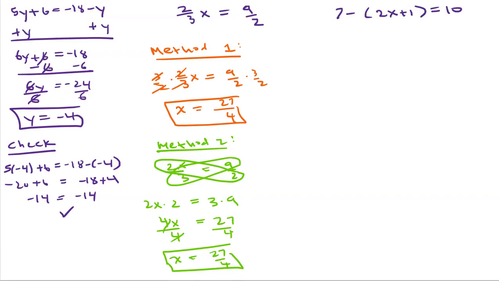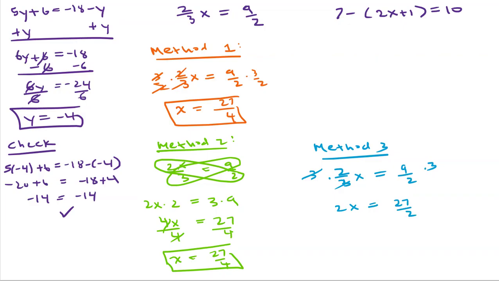And then another way to do it, method number 3. Again, we have 2/3 x is equal to 9 over 2. And that's just basically going step by step. So if I have 2/3 x here, I can multiply both sides by 3. Then the 3's will cancel and we'll have 2x, and then I'll have 9 times 3, which is 27, divided by 2.